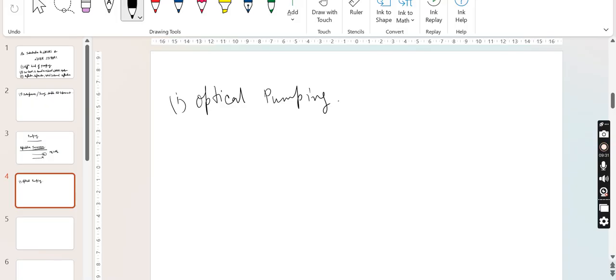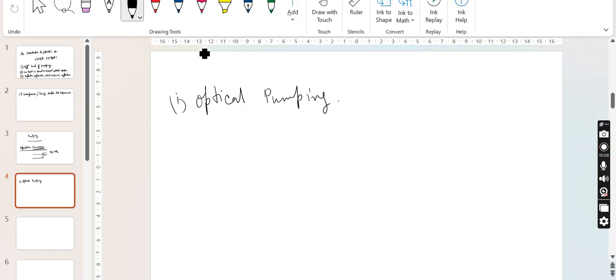By the optical method, the pumping happens from the ground state to the excited state. And the optical pumping method is mostly used in solid or liquid active media. It is easy and it is fruitful.